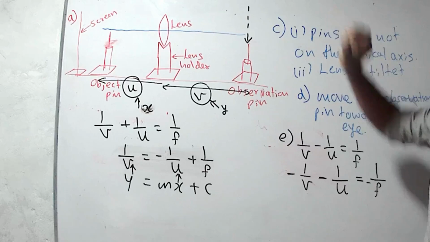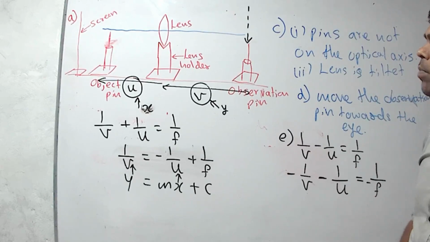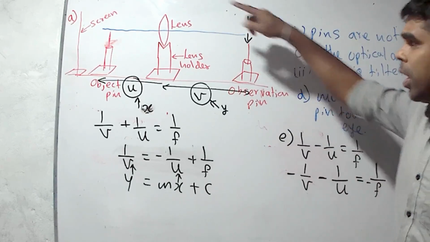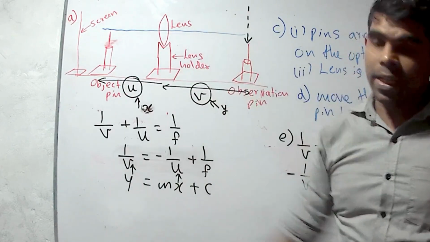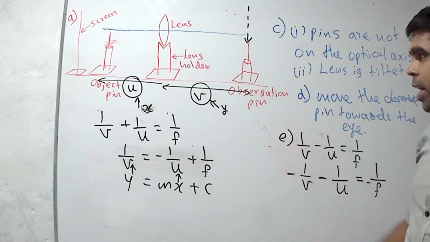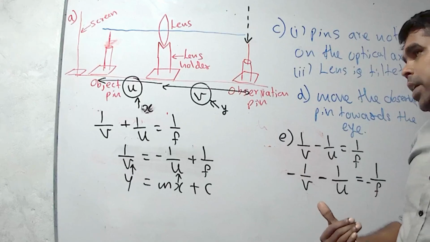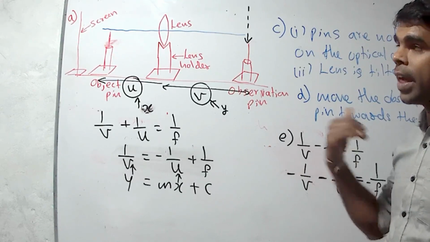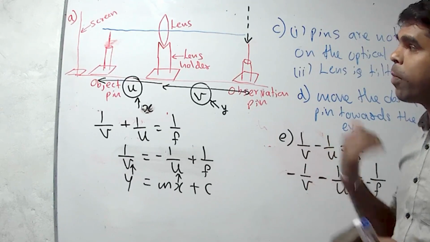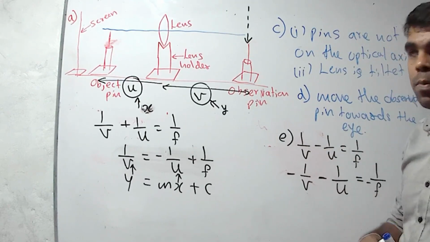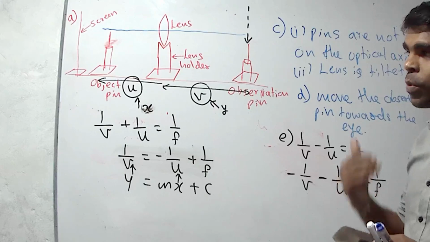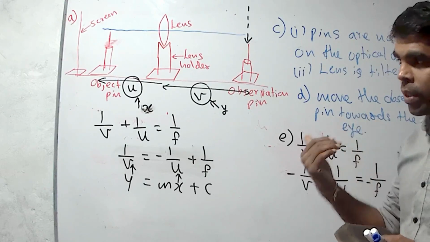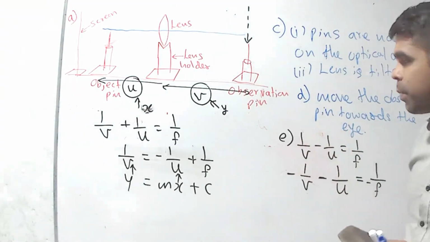All distances should be measured from the pole and along the optical axis. Then the second one is distances towards the light rays are negative values. Distances opposite to the light rays are positive values. Distances towards the light rays negative, opposite to the light rays positive.